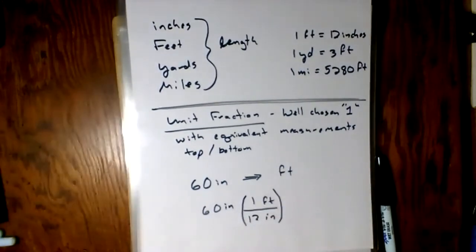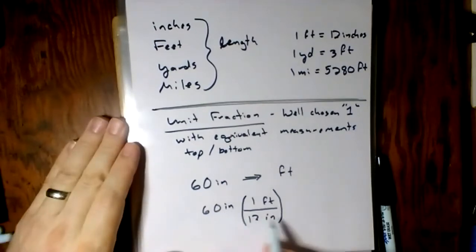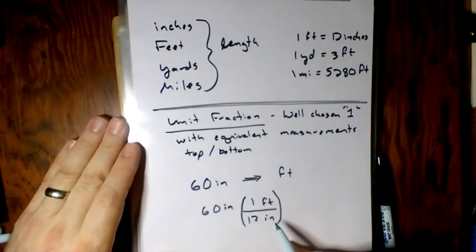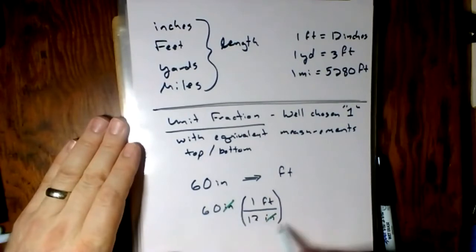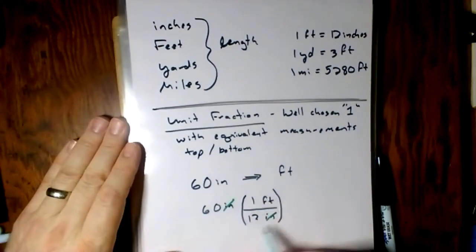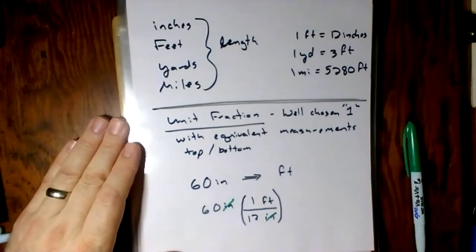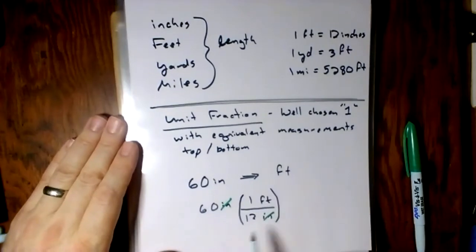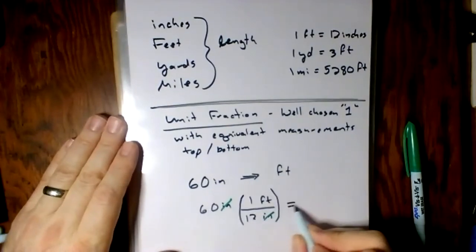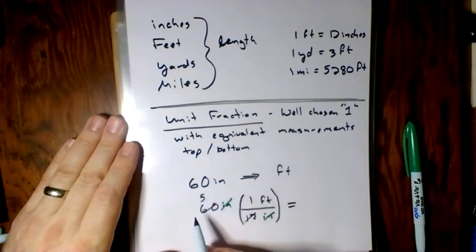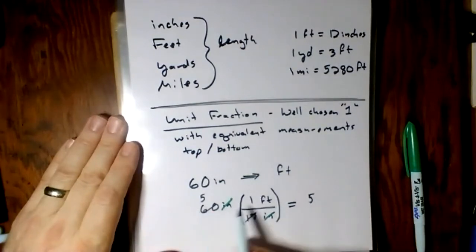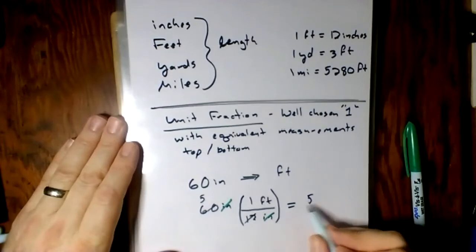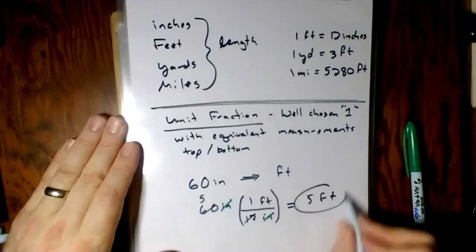And our goal is to put this together in a way that my original units will cancel out with something in the denominator of my unit fraction. But 1 foot is equal to 12 inches. Now when I do this, the only units left would be feet. So 60 divided by 12 would be 5. So 60 inches would be 5 feet. Or 60 times 1 over 12, it's still going to be 5 feet.